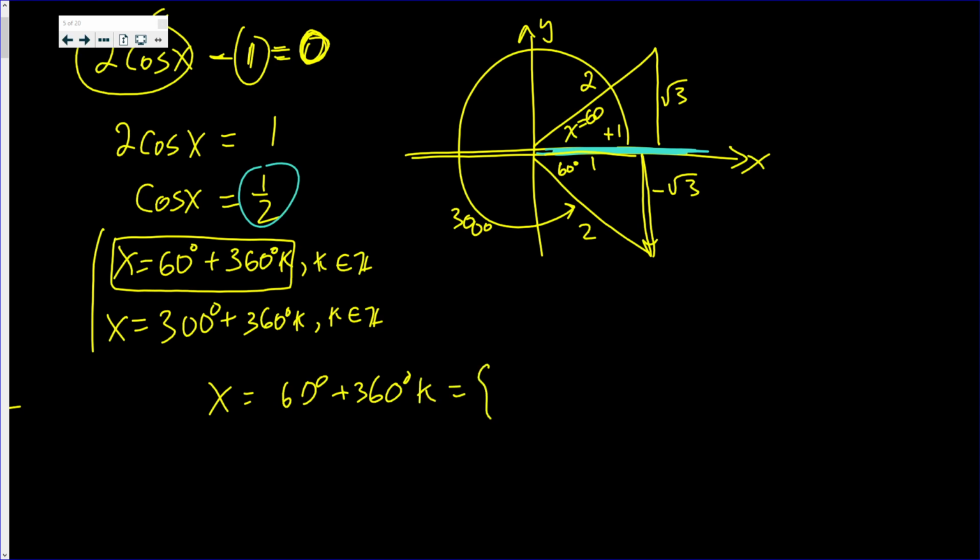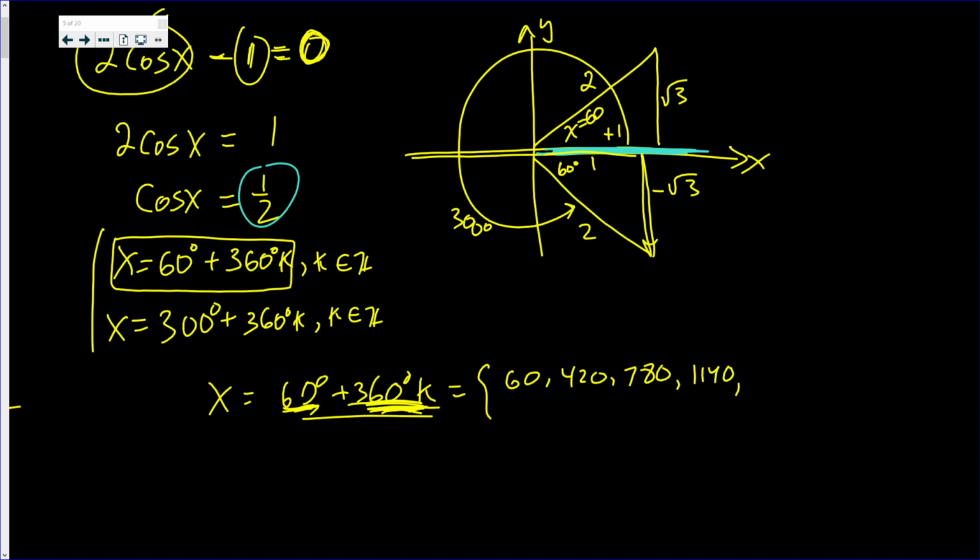I mean, if k is 0, it's 60. If k is 1, 60 plus 360 times 1 is 420. If k is 2, 60 plus 720 is 780. 60 plus 1080, I'm adding 3 k's, 1080, that's 1140.